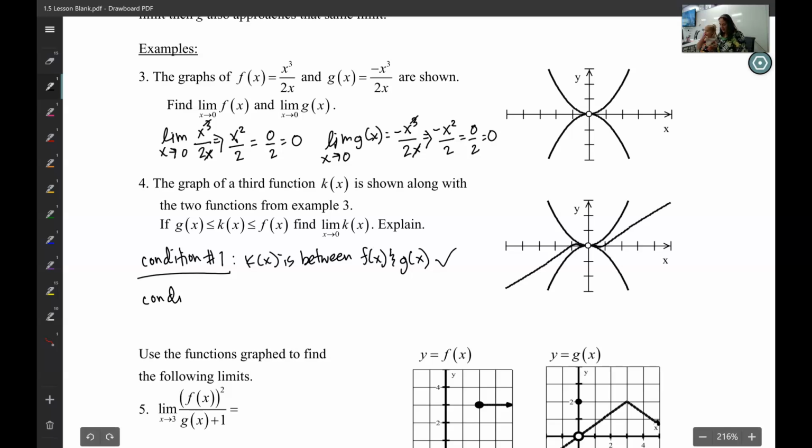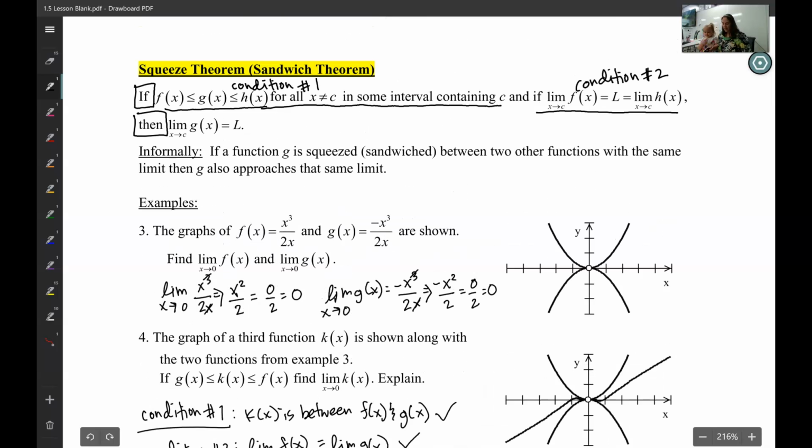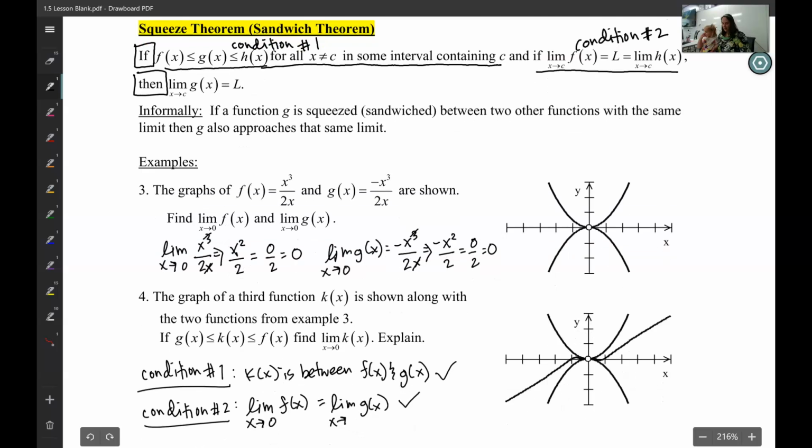So now I have condition number 2, and that is the limit of my functions are the same. That is also true. So the two conditions of the theorem are satisfied, so we can do the then.